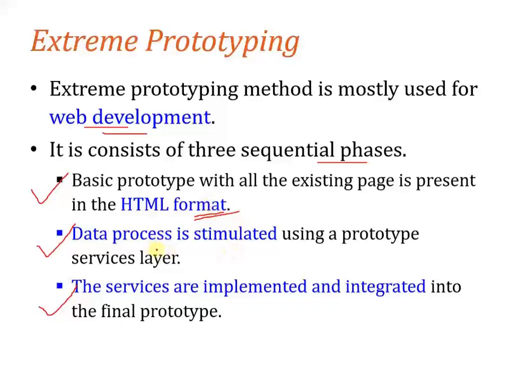And then to check whether the data is flowing correctly or not in the particular prototype, we'll be using various prototype servicing layers. And then the services are implemented and then finally integrated to form the final prototype. So the different web pages which we have created in the first stage will be integrated together to form the final product. So such a thing is called as extreme prototyping.